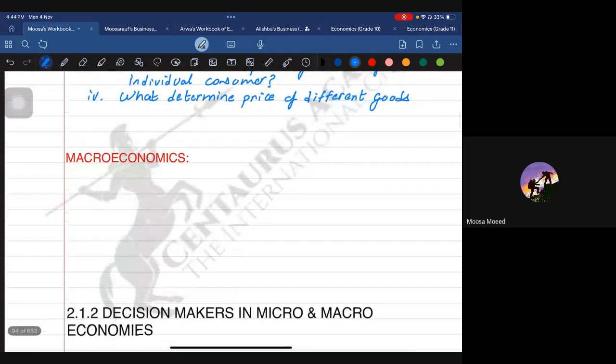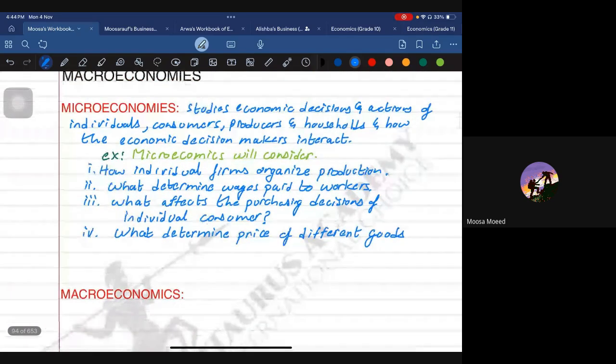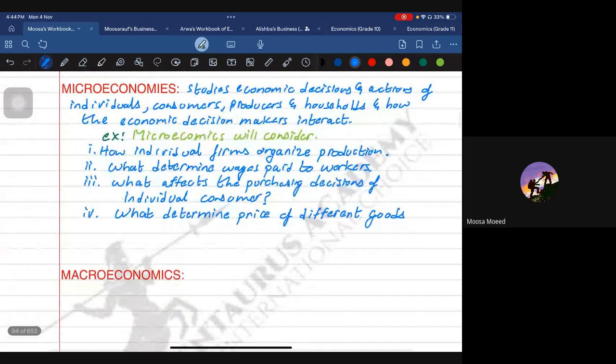Then, when we are talking about macroeconomics, first I'll give you time to write this part down and then we'll move forward to macroeconomics.